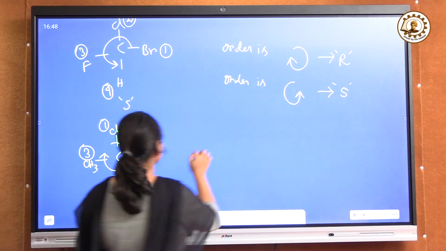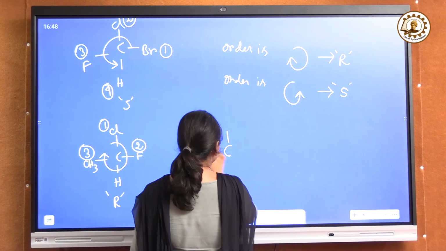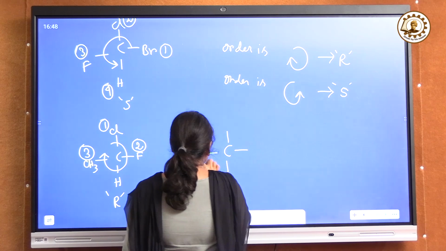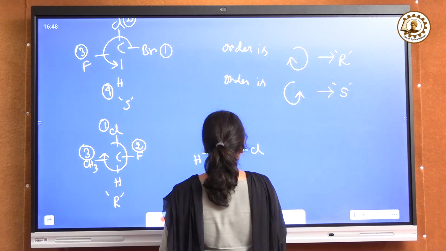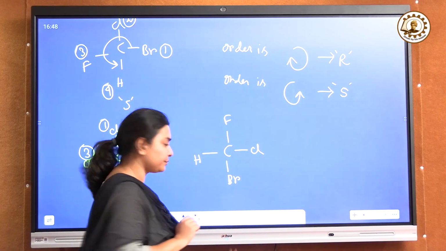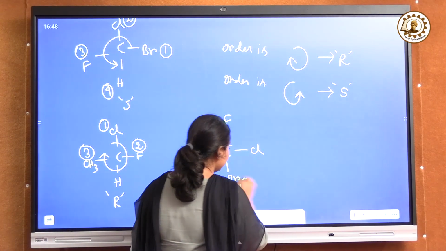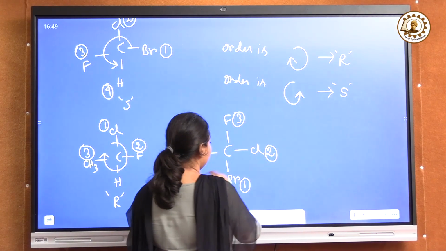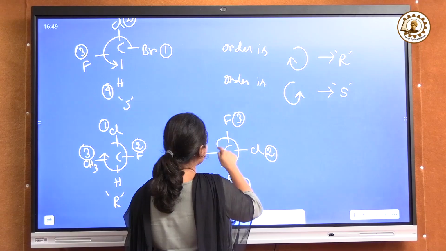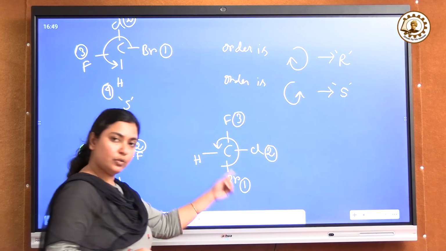For example, let's say the hydrogen atom is here. Fluorine, fluorine, bromine. So bromine has the highest priority, then fluorine, then fluorine. So the priority order is anti-clockwise.